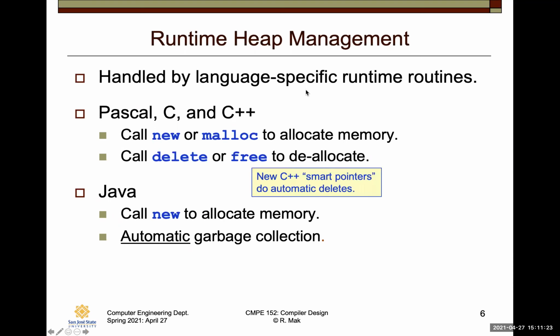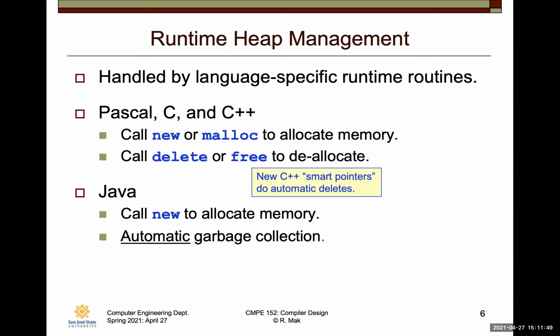Now, I will point out that the latest versions of C++ have what are known as smart pointers. Smart pointers are not quite like automatic garbage collection, but pretty close. With smart pointers, when objects go out of scope, they are automatically deleted.